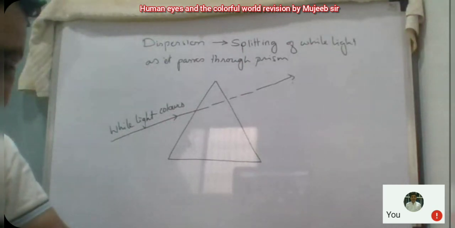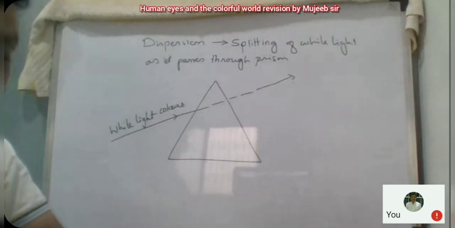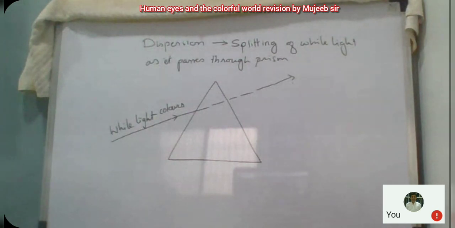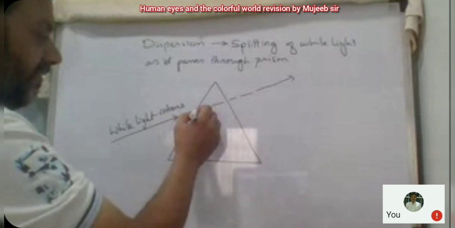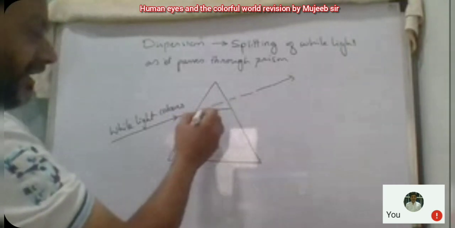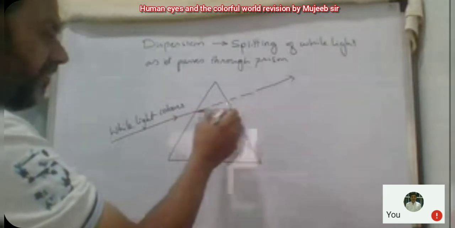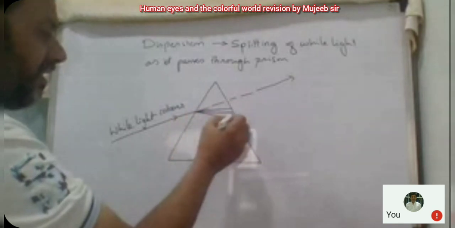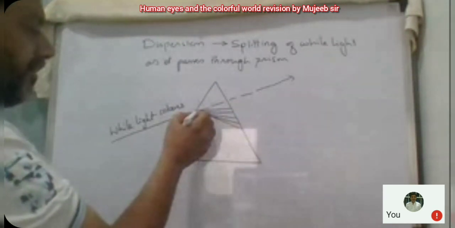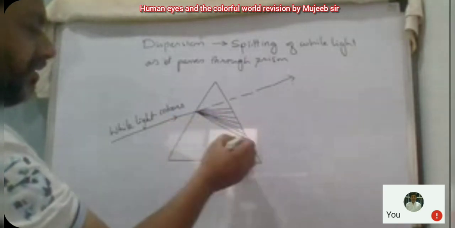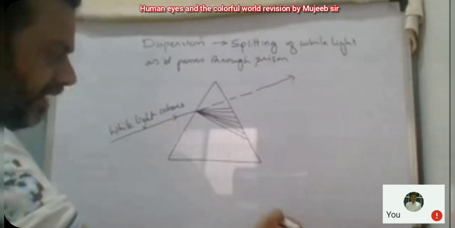As the speed changes, the light bends. Because of the different wavelengths, different colors of light bend by different angles. The one with the larger wavelength will bend least, and the one with the smaller wavelength will bend the most. So all the 7 colors with different wavelengths will bend by different angles.